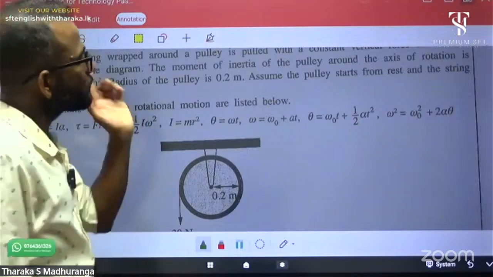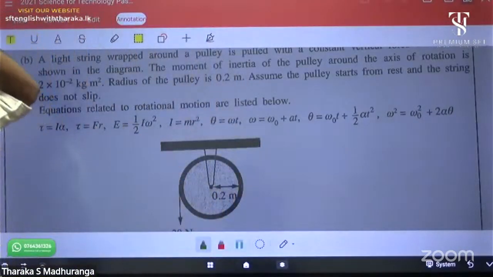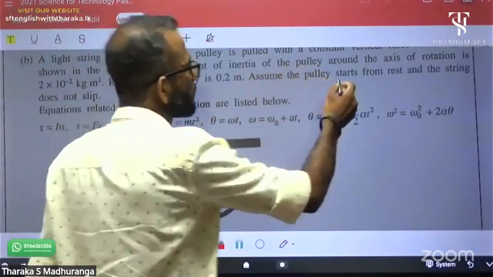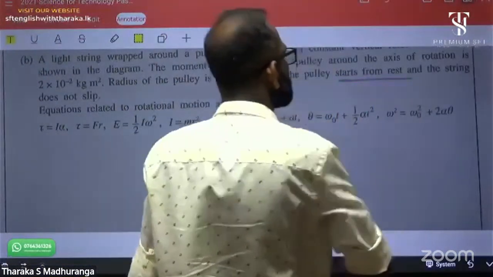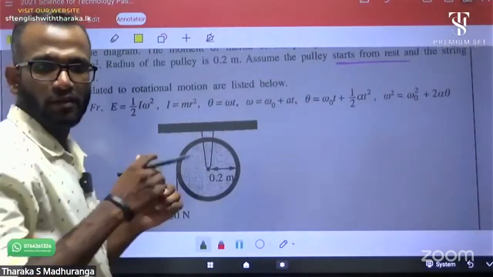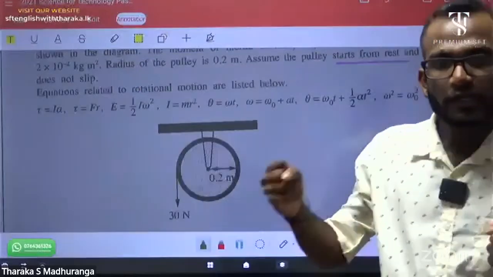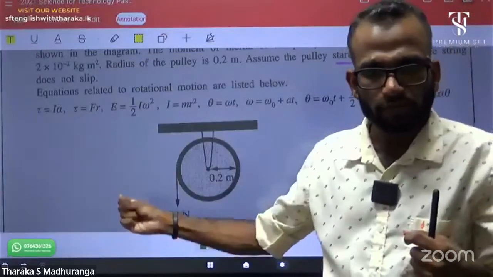The moment of inertia is the reluctance to change the motion type. The radius of the pulley is 0.2 meter. Assume the pulley starts from rest, and that's important, and the string does not slip when we apply the force.